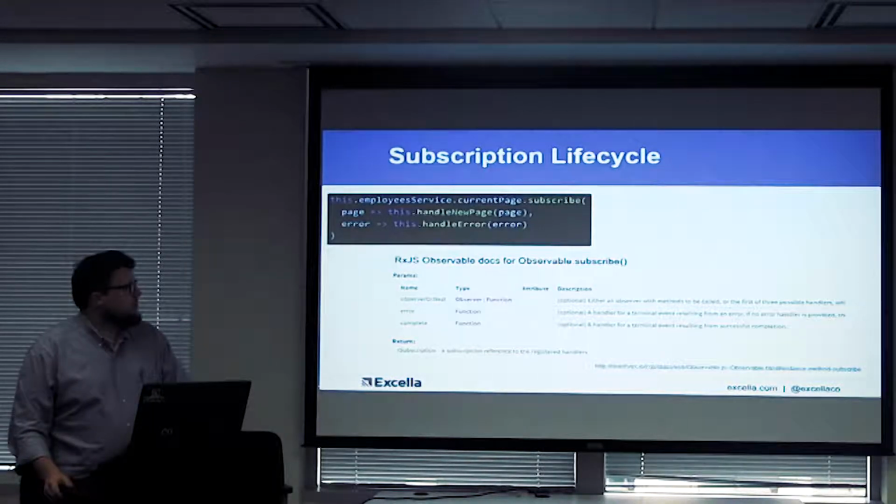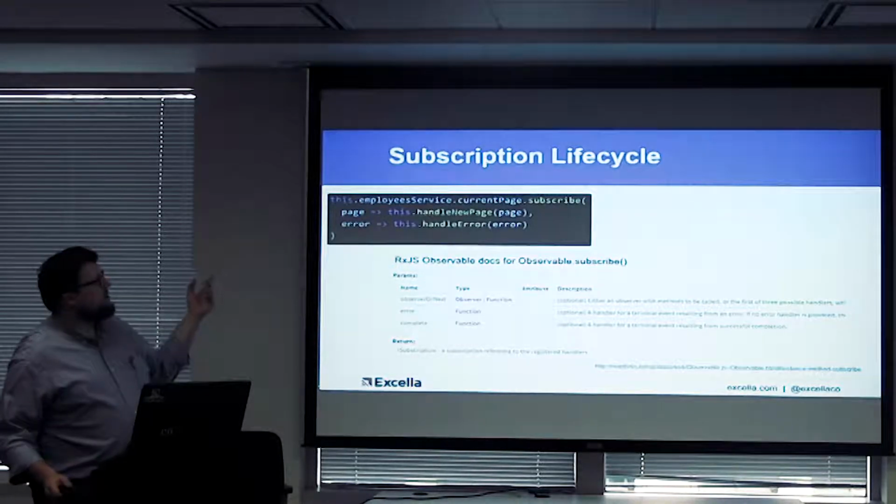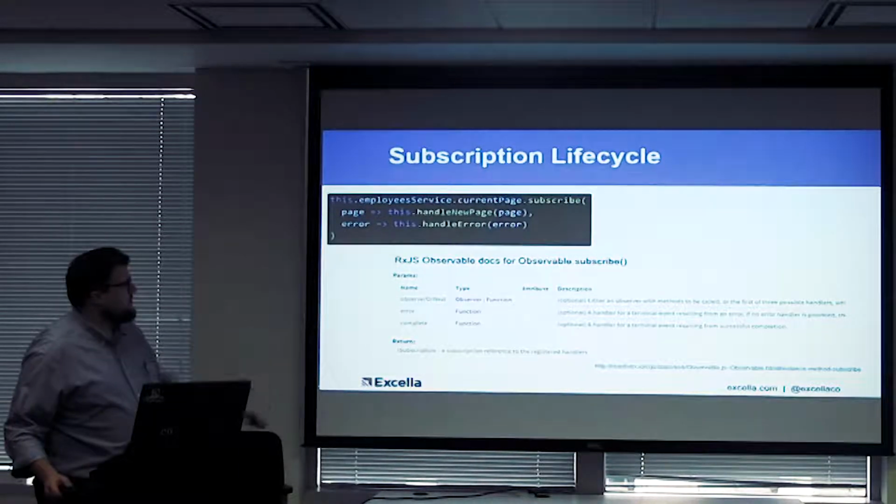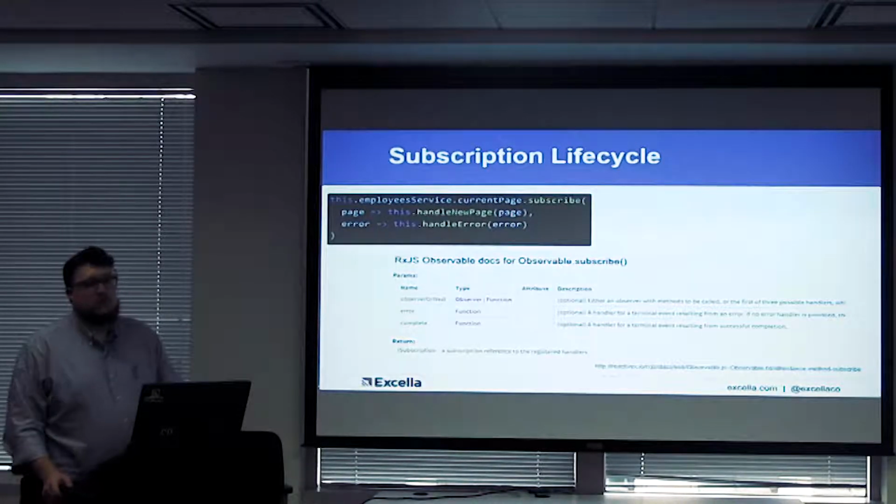So quickly, if we look at the subscription lifecycle, this is the most advanced I've written to subscribe. I've not yet done anything that involves a complete, but it's interesting to note that the subscribe has multiple paths when the event gets thrown.